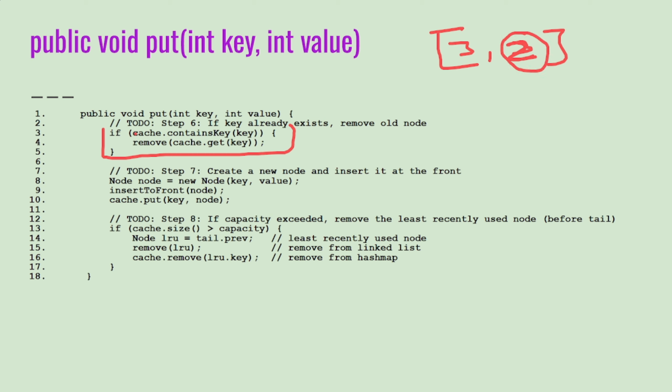So now we will remove this 2 from here because we are again going to put 2 here. So first of all we have to do this. Then we'll create this new node. So this 2 and 2 is a node, right? So we'll create a node like this here. Then we'll put it in the cache.